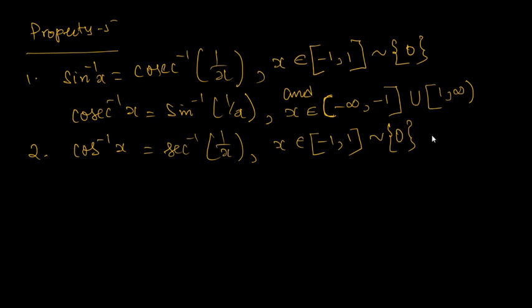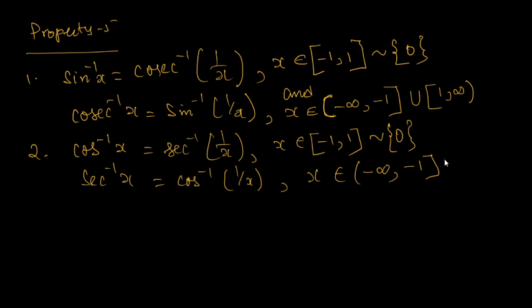And let us say secant inverse of x is equal to, can you guess, which is nothing but cos inverse of 1 by x, right? Now x belongs to the interval minus infinity comma minus 1 closed interval union closed interval 1 comma infinity open interval, right?